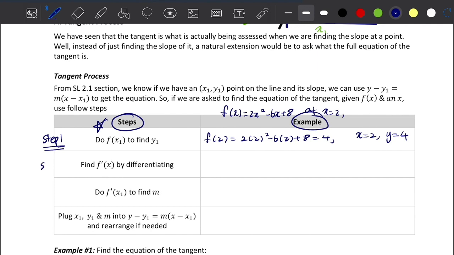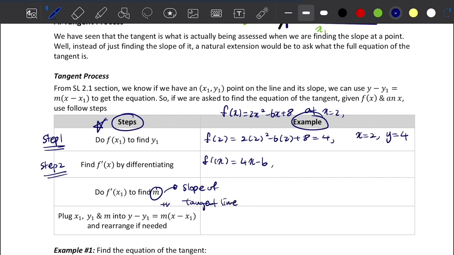The second step is differentiating the function f of x. We find the derivative by differentiating, so we have 4x minus 6. Then we use this derivative to find m, which is the slope of the tangent line.